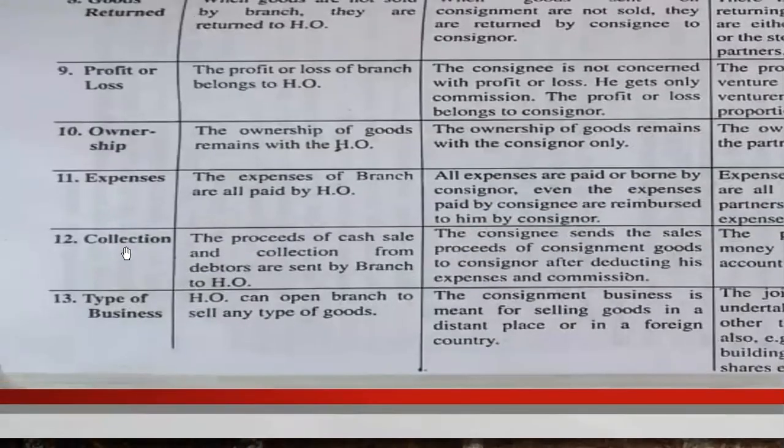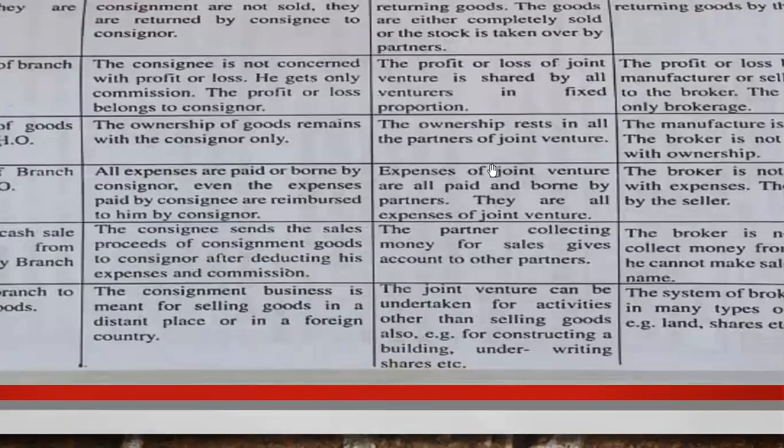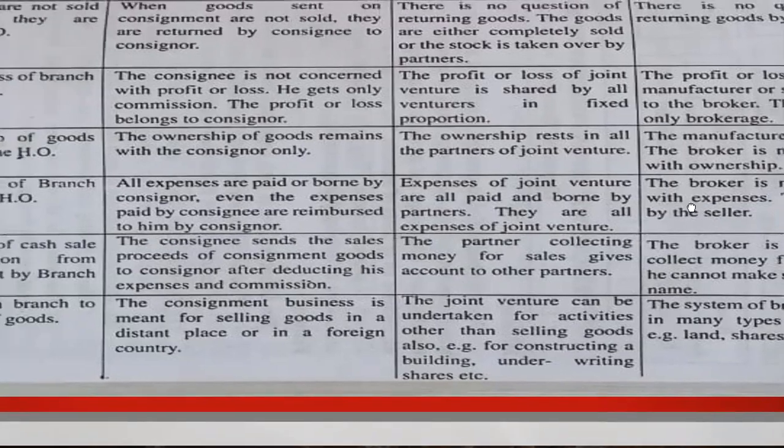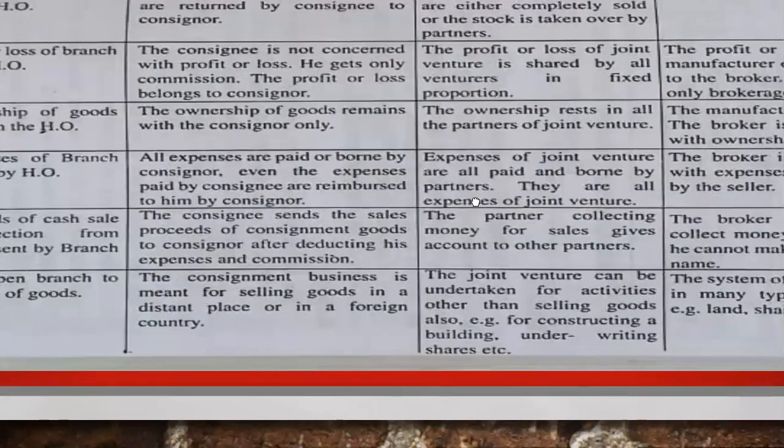Same way, whoever is owner, the expenses are the responsibility of the owner. So here the expenses of branch will be paid by head office. Here it will be borne by the consignor. Expenses of joint venture will be borne by all the partners, and the broker is not concerned with the expenses.